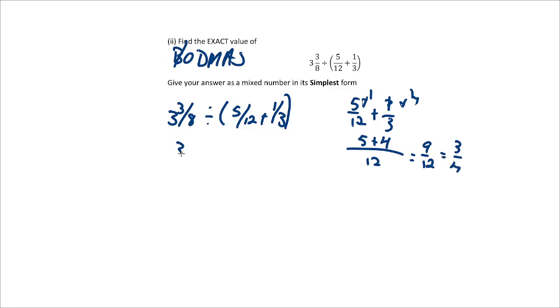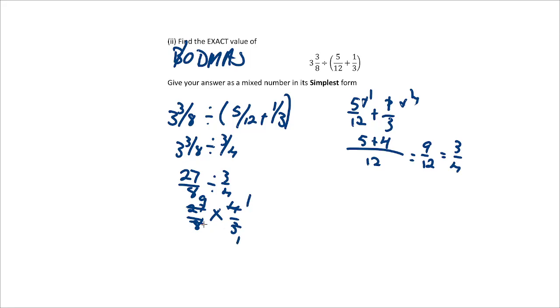So the question is now 3 and 3 over 8 divided by 3 over 4. 8 threes are 24. 24 plus 3 is 27. So 27 over 8 divided by 3 over 4. When you're dividing, you multiply and then you flip your fraction after the division sign. So it'll be 4 over 3. 3 into 3, 1. 3 into 27, 9. 4 into 4, 1. 4 into 8, 2. So it is 9 over 2, which is equals to 4.5.